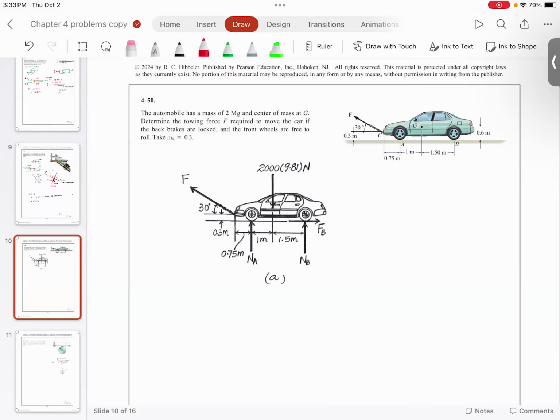Centroid is the imaginary point on that figure where the entire mass is located. So if you have a rectangular figure, the centroid is going to be at the center. If you have a circular figure, the centroid is going to be at the center. If you have a triangular figure, it's going to be at 1/3 from the base.